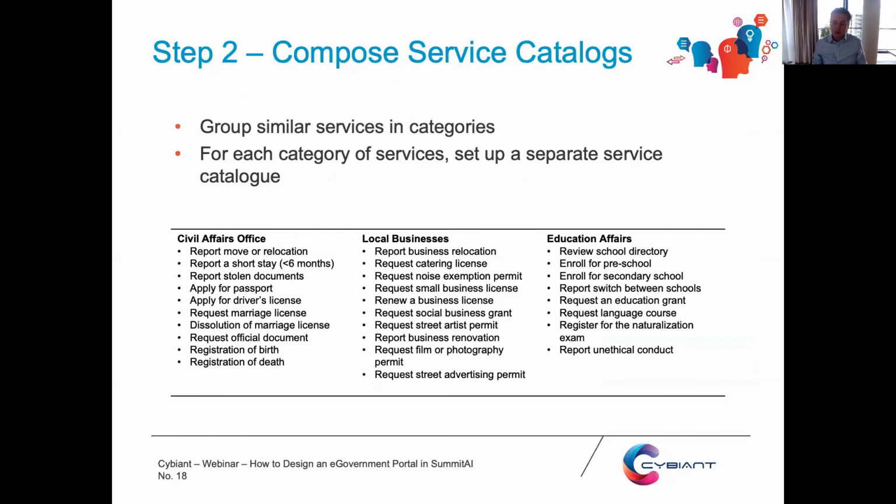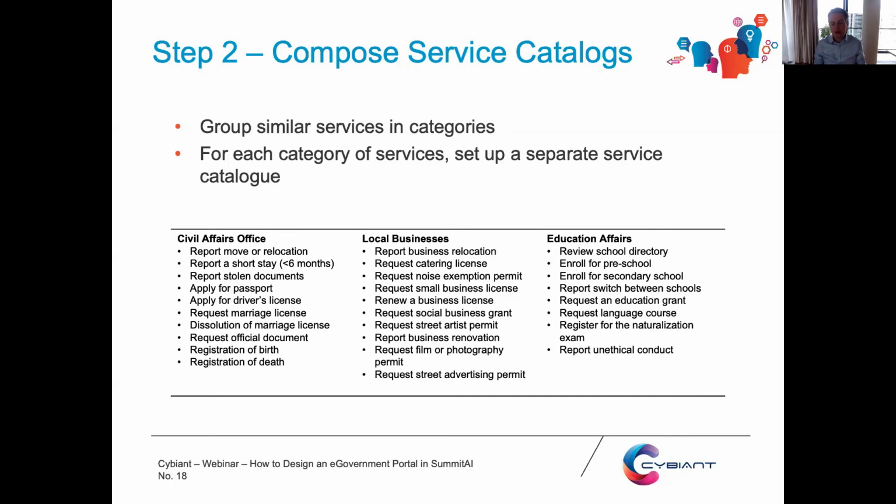As we've mentioned before, there are literally hundreds or even thousands of services that the government provides. So the next step that you need to do is to compose service catalogs where you bundle a number of similar services together. In most cases, each of these service catalogs is managed by a separate government entity, and we will say that we set up a separate service catalog for them.